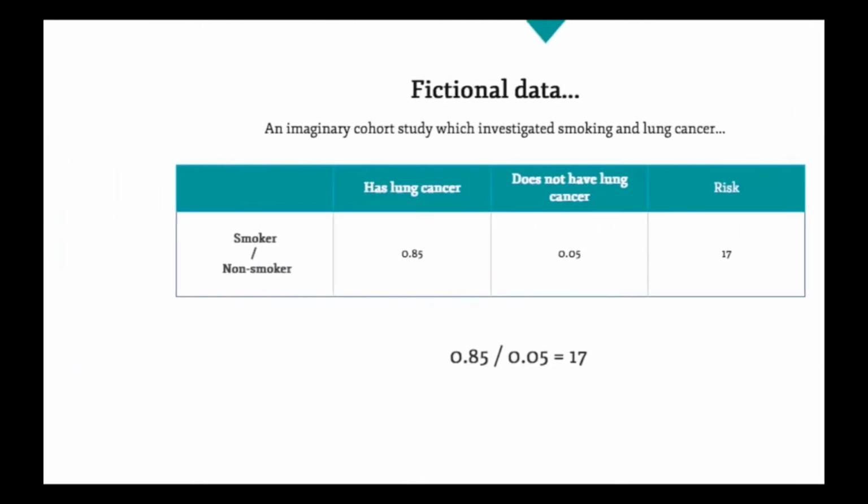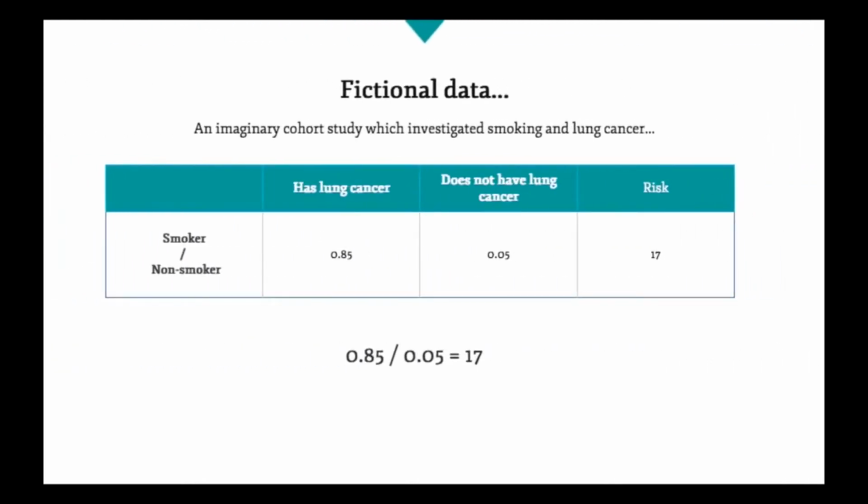To express the risk of developing lung cancer in the exposed to the unexposed group, it's 0.85 divided by 0.05, which gives 17. So that means that people who smoke are 17 times more likely to develop lung cancer than non-smokers, according to this fictional data.